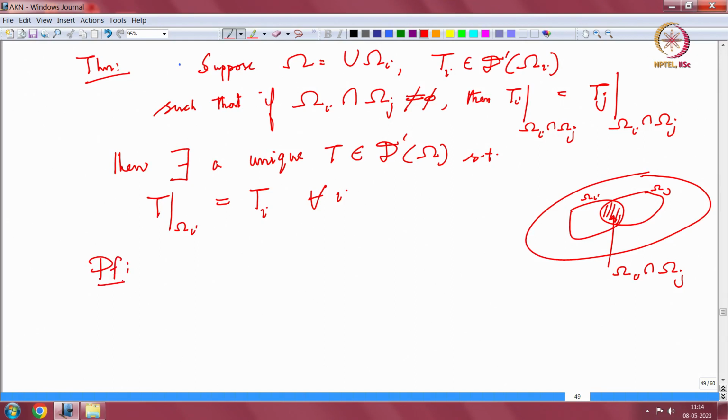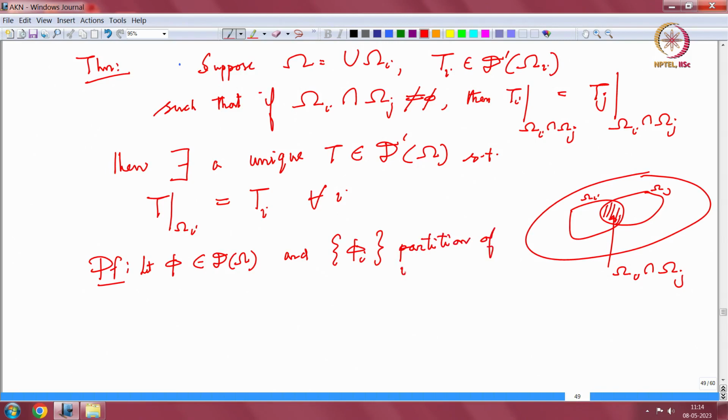So, you have to define T. Let phi be in D of omega, and let phi I be a partition of unity, any partition of unity.